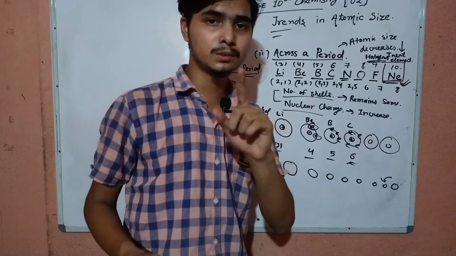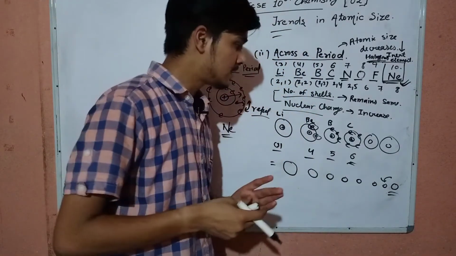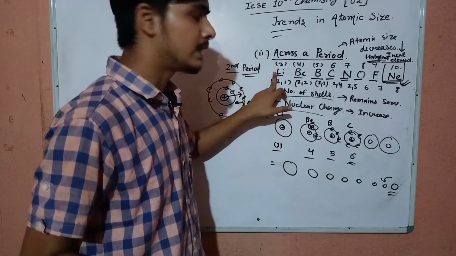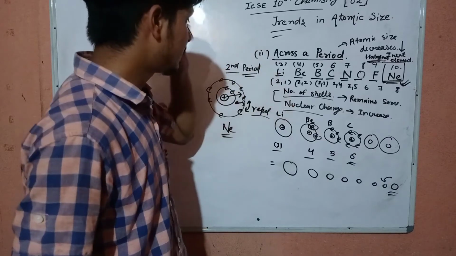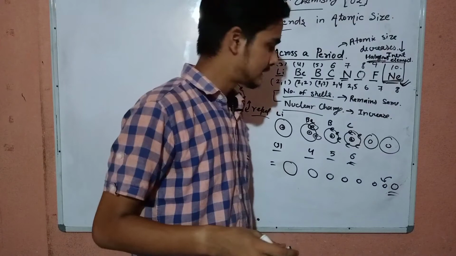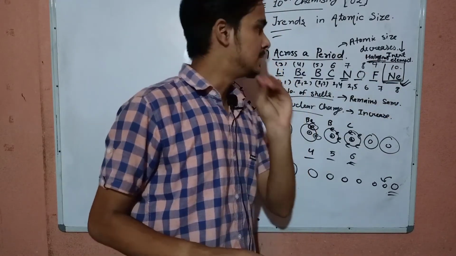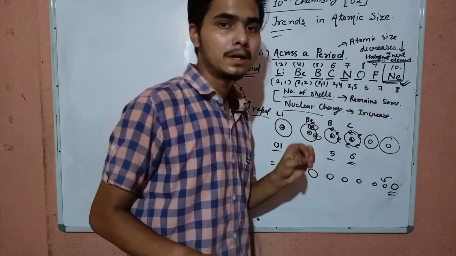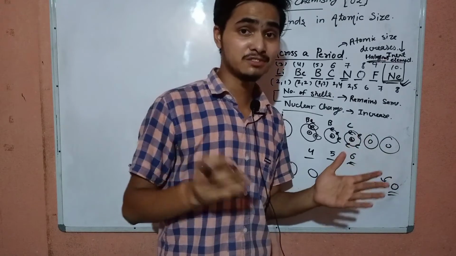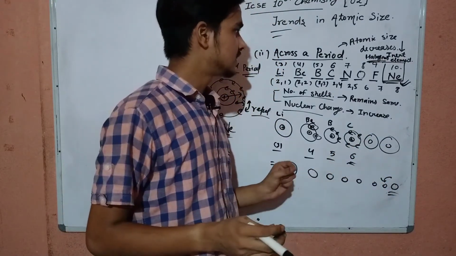And one more thing to note here, it will not be as big as this atom, the alkali metal atom. So that is the concept, that inert elements are a little bigger than halogens, but not so much bigger that their atomic size becomes bigger than the alkali metals. So this is the concept.